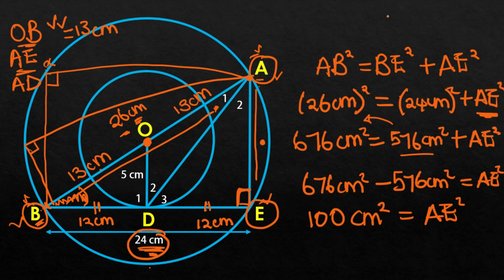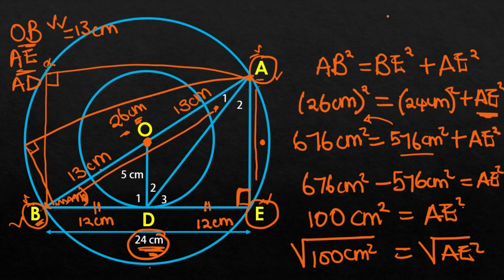So to get rid of this squared, we are just going to take the square root. The square root of 100 is 10. The square root of centimeters squared is centimeters. So our AE will be equal to 10 centimeters.